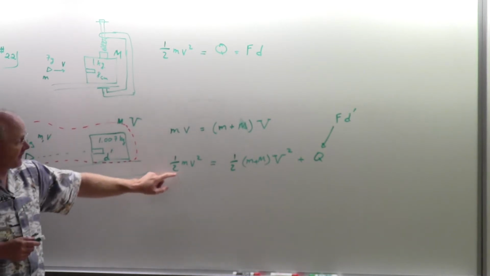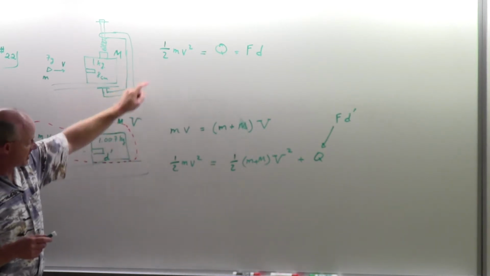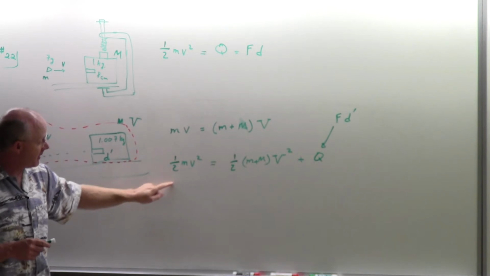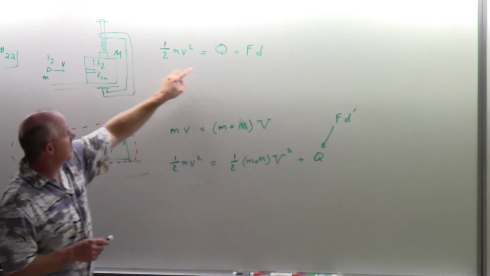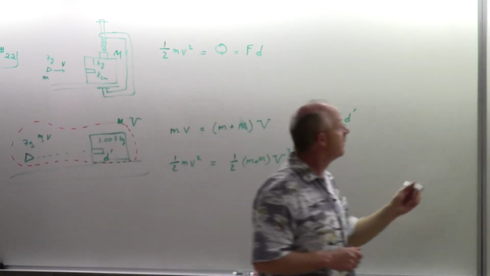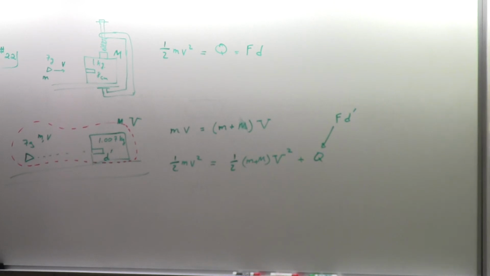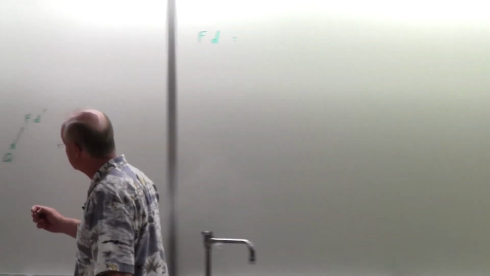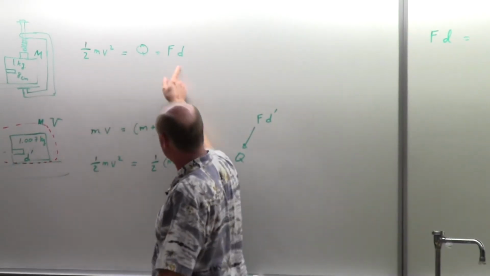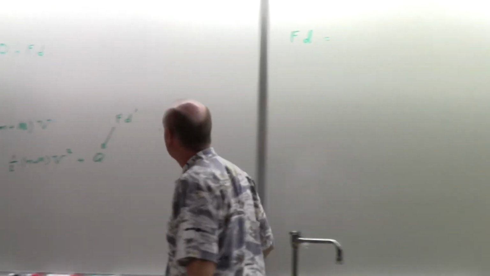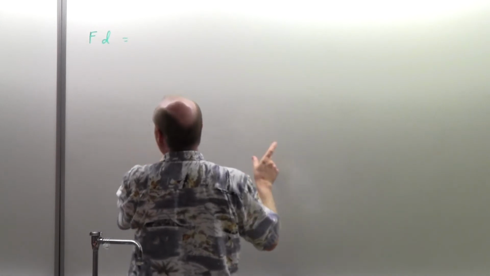But watch what happens if I use this equation together with this information. See this term right there? Can't I just say it's force times the distance of the 8 centimeters? That's what this is here. If I take that and substitute it in, equals what?